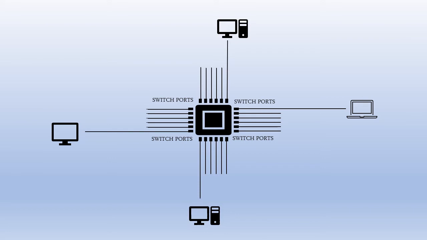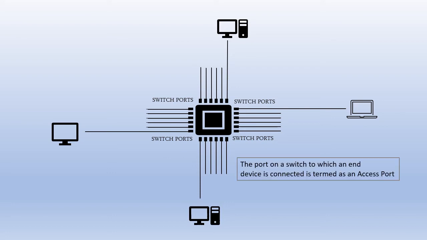You will see here that the switch is at the center and all other devices are connected to the switch. So obviously, the switch will need to have an array of ports so that it can allot a single port to all devices that mean to connect to it. The port on a switch to which an end device is connected is termed as an access port.